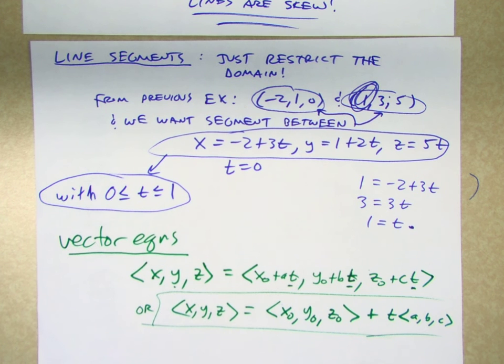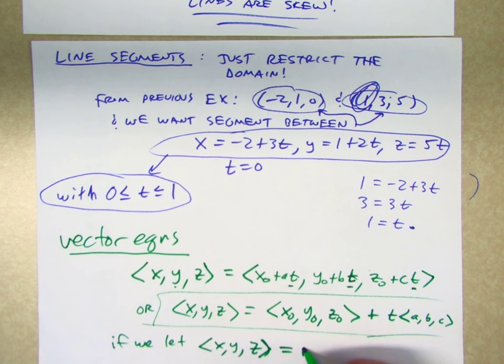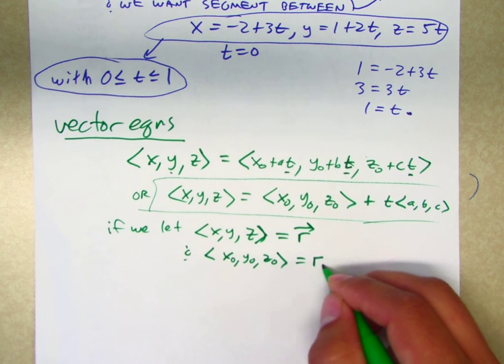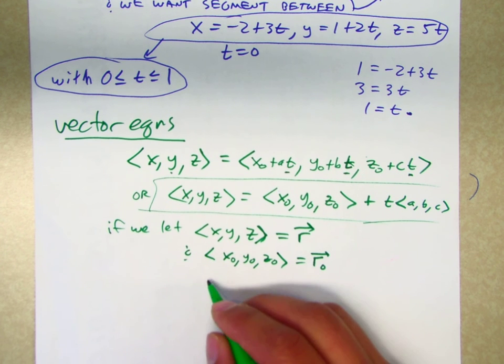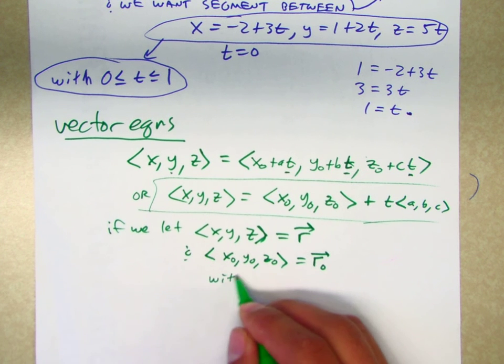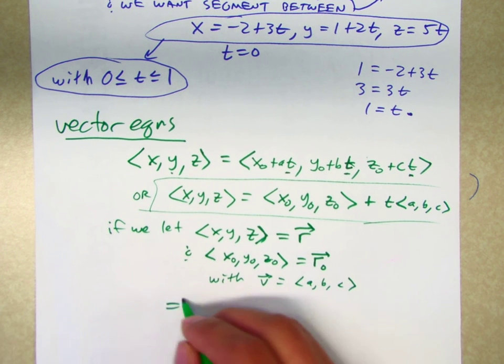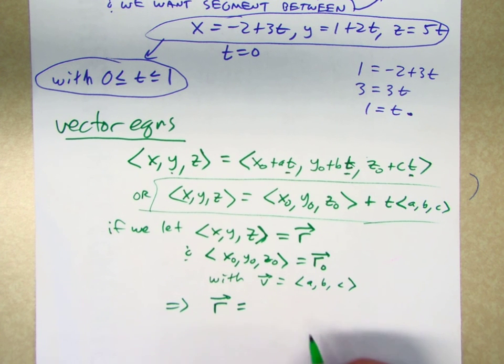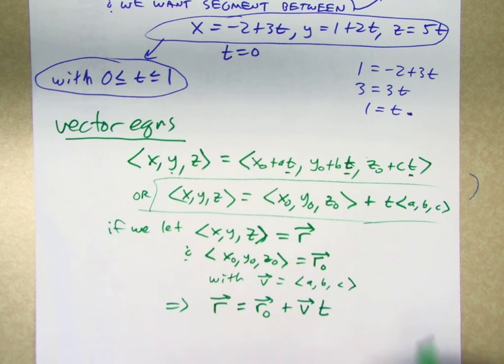Now, we can go one step further. If we call (x, y, z) a radius vector r, and (x naught, y naught, z naught) an initial radius vector r naught, and we still have v as our (a, b, c) vector, now we can write it as the radius vector equals the initial radius vector plus the direction vector times t.